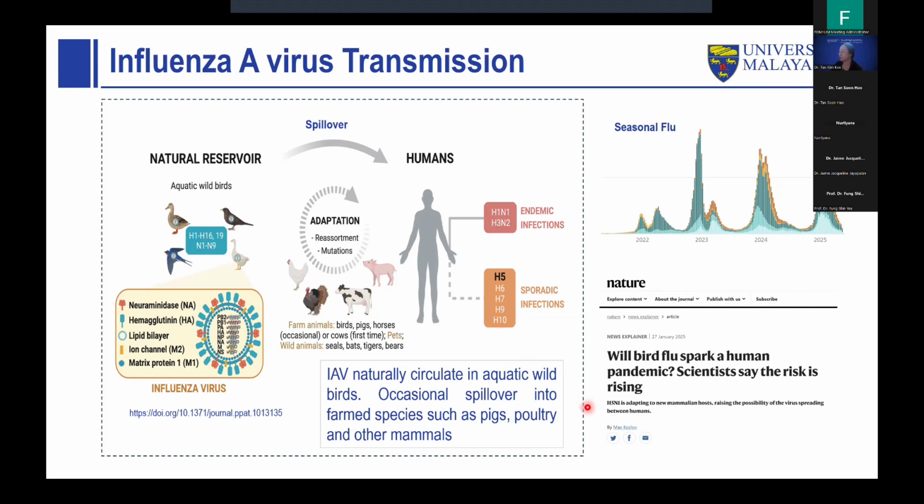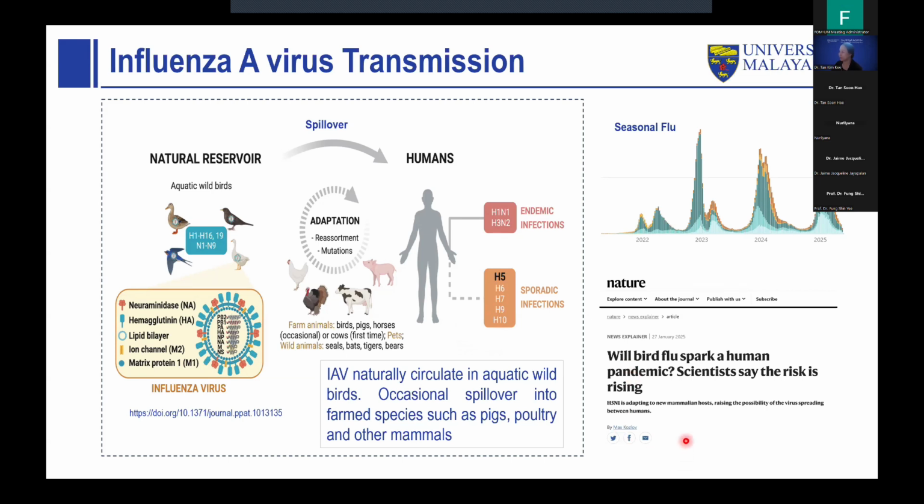This normally involves H5, H6, H7, H9, H10 viruses that typically infect animal populations, but gain the potential to spill over into humans. Normally it doesn't involve many people. But what is worrying is, what if they infect humans and then get the adaptive mutation that allows human-to-human transmission? That carries a very significant pandemic potential.